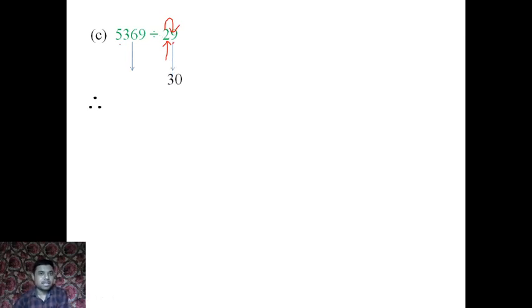Is it clear? Now see here, 53. My dear students, what I have told, count the table. 31 sevens are 51, 31 eights are 54. Which is nearer to 53? Obviously 54. So in place of 53 we will take 54.